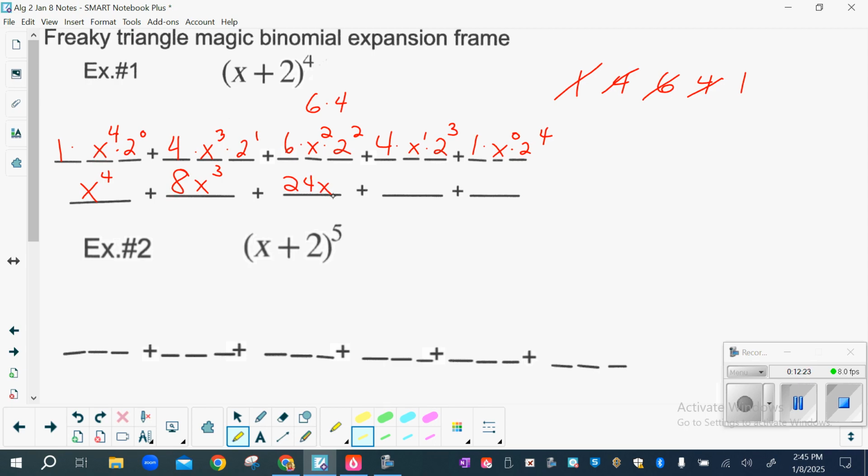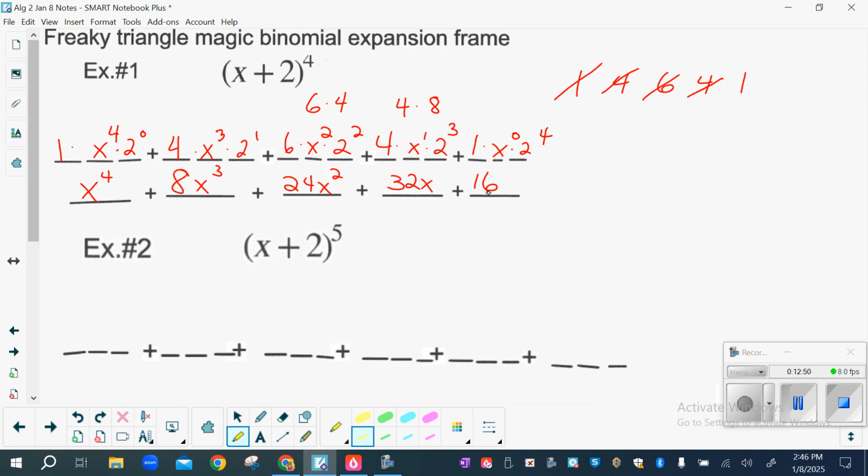So this is 24x squared. What's 2 to the 3rd? 8. So this is 4 times 8, which is 32x. 2 to the 4th is 16. And then nothing there because that x to the 0 is 1.